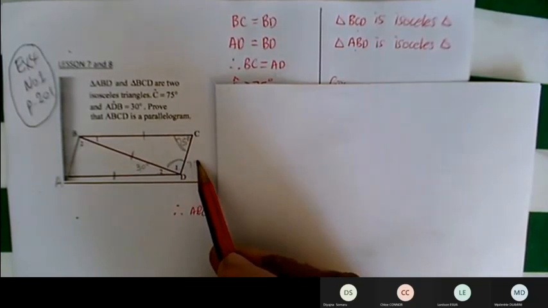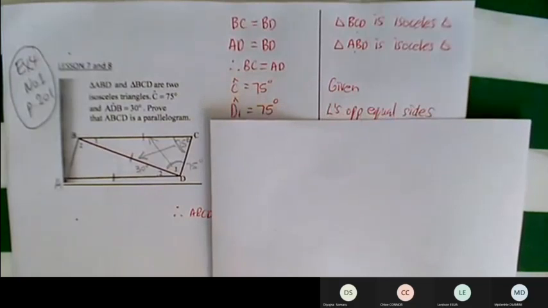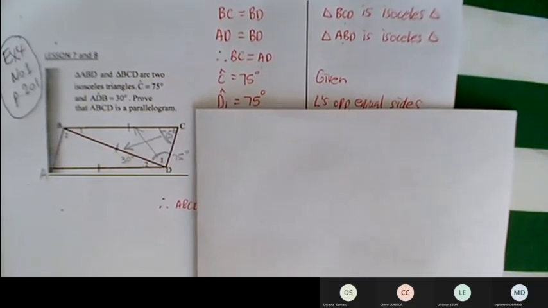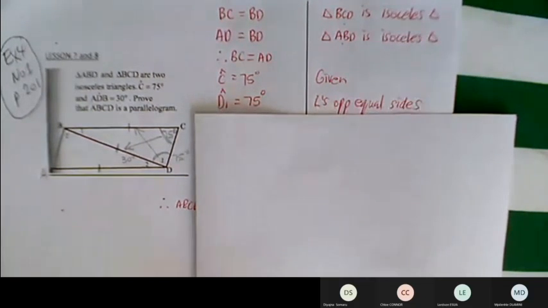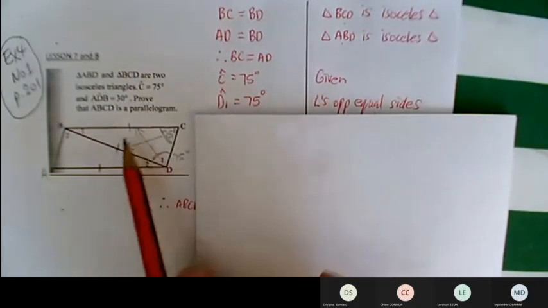You know why it's 75? Because it's equal angles opposite equal sides, okay? So angle C is 75, given. D1 is 75, angles opposite equal sides.